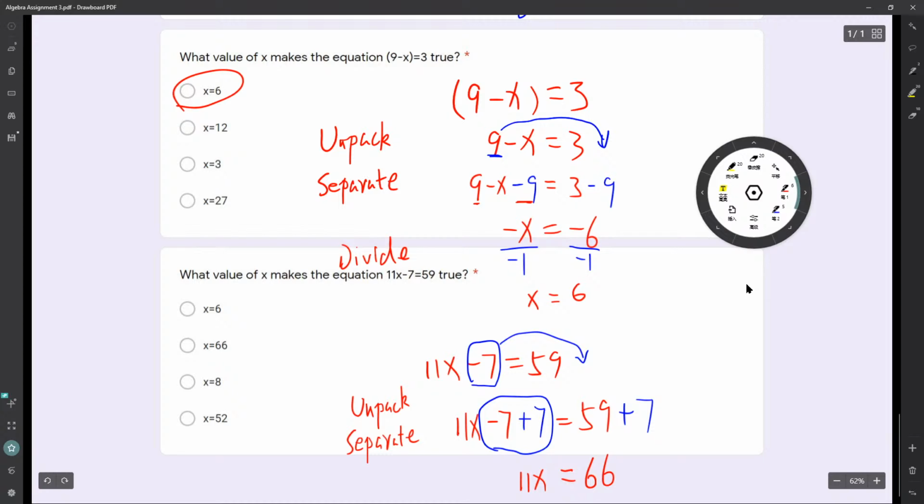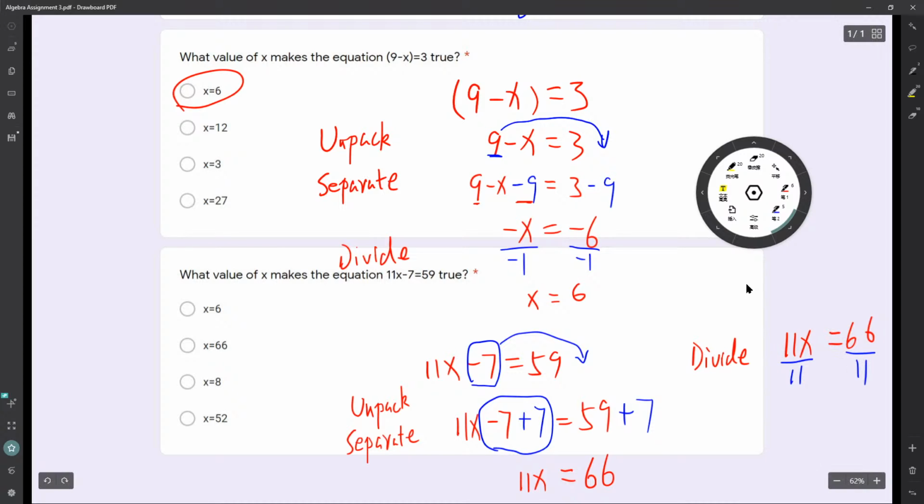And lastly, we do divide. And how do we divide? If 11x is 66, we divide by the multiple of x. We divide by 11. Why do we divide by 11? Because we are doing the reverse of x multiplied by 11.